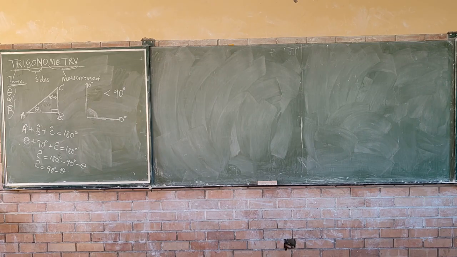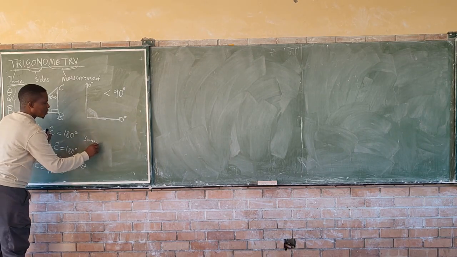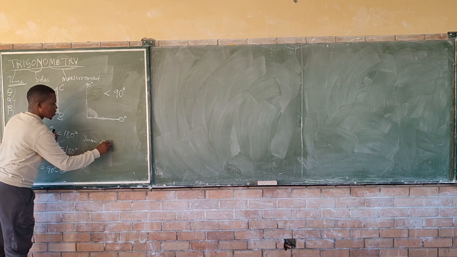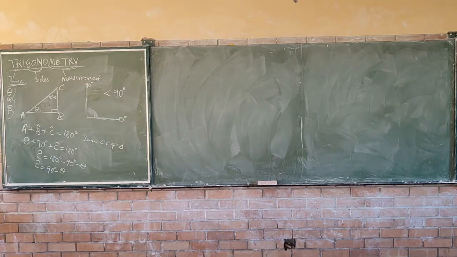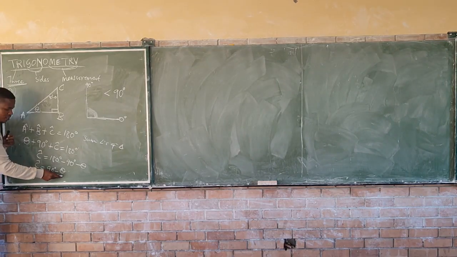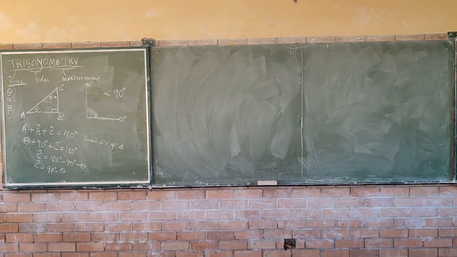Yes, it's correct. But here again we have to say the sum of angles of a triangle, so that you understand your work. Even if you said angle C equals 90 degrees minus theta, you must put that it is the sum of angles of a triangle to show that you know what you are doing.